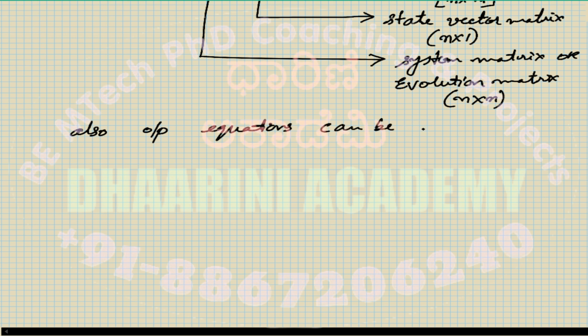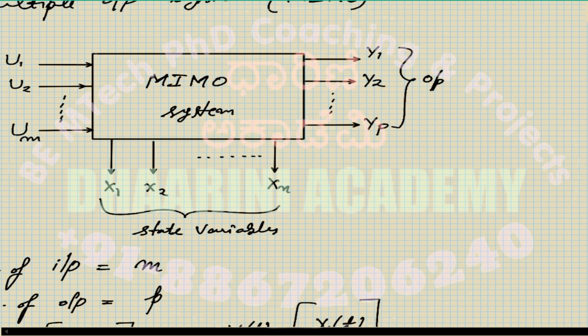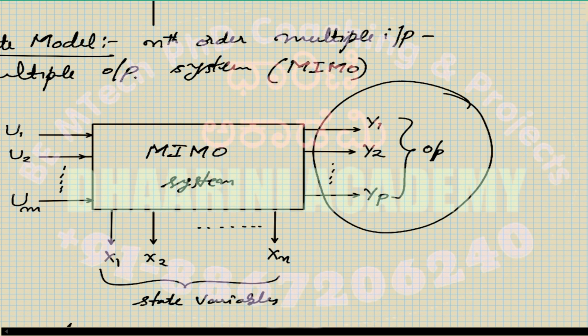Say we have several outputs, we assumed p number of outputs. In the block diagram, if you refer, you can see the outputs y1 to yp.